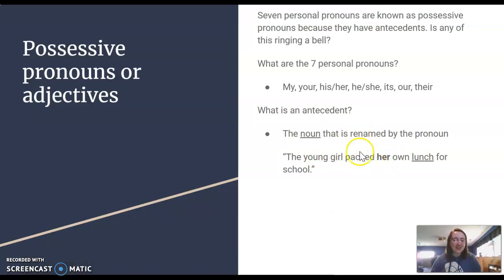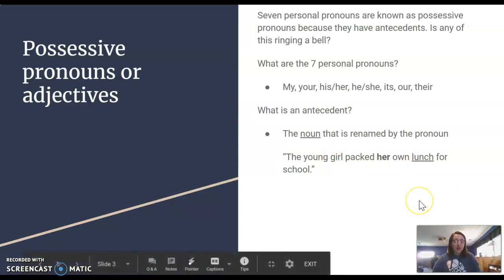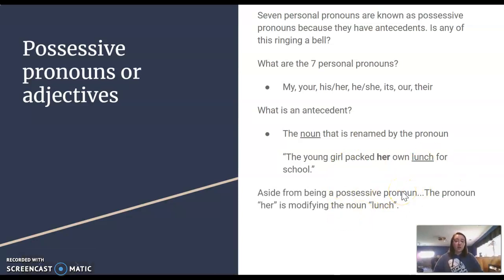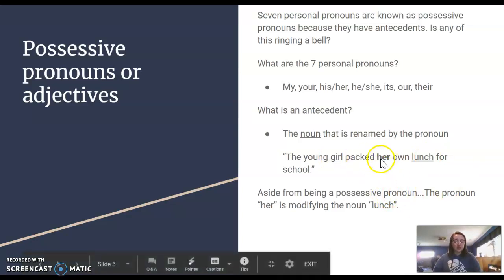So her and girl work hand in hand when we're talking about pronouns. When we're talking about her being an adjective, it's actually the fact that her is modifying the noun lunch. So we know that it's not just any old lunch, it's her lunch. So her works in two ways here, to rename girl and to modify lunch.